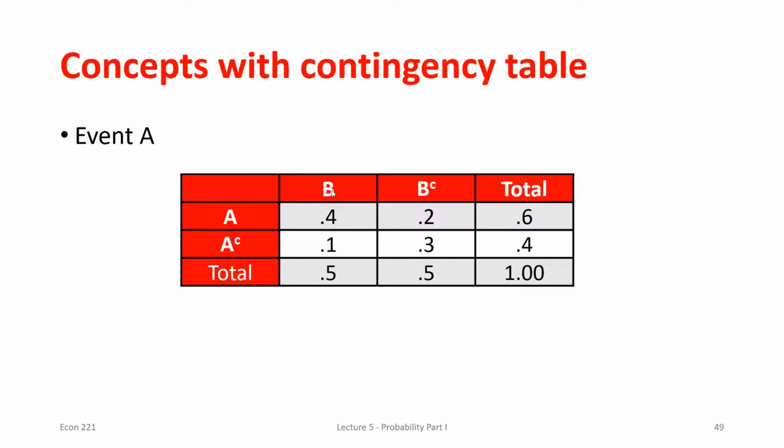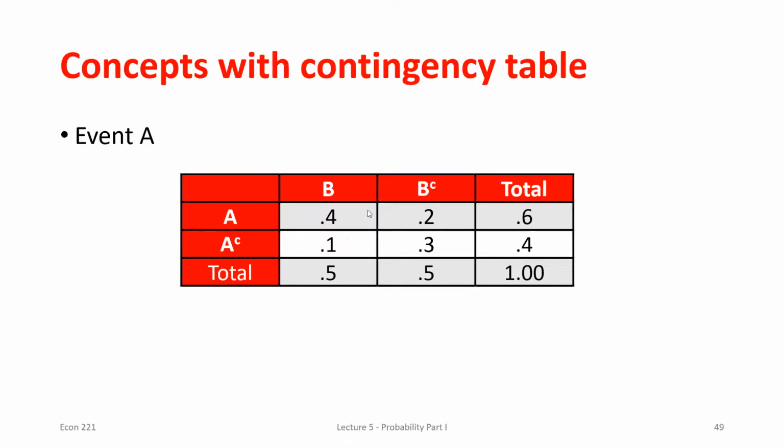So the probability of B, I go down to that total, is 0.5. The probability that A occurs is 0.6. The probability that A complement occurs is 0.4. So the totals represent just the probability of the events themselves.